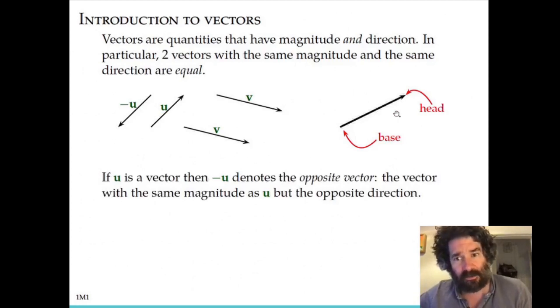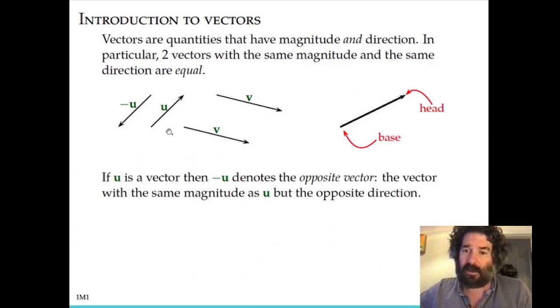If we have one vector u, as shown here, the negative vector, negative u, is going to be a vector that has the same length, same magnitude, but pointing in the opposite direction. So you simply turn u around, point it in the opposite direction, and that is negative u.